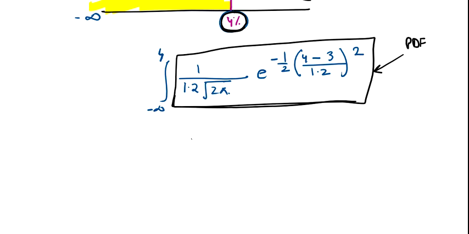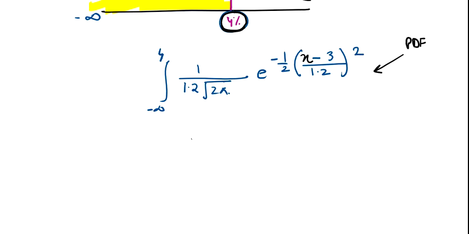But in case I remove this 4 and replace it by x, and if I solve this for the integration, taking dx here, that will give me the value for this area.